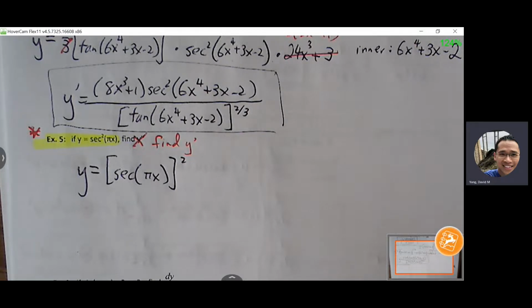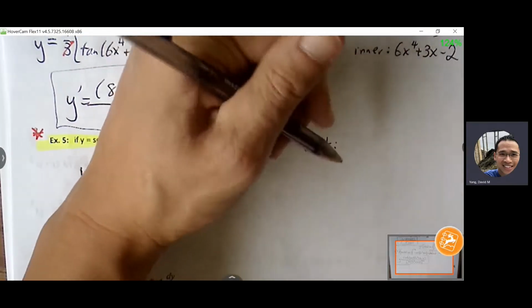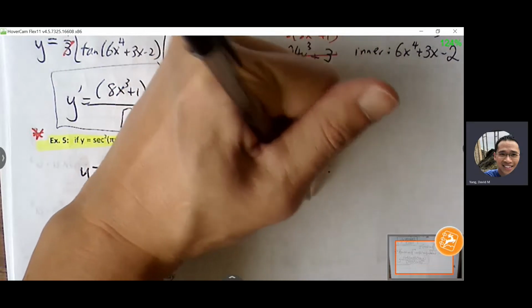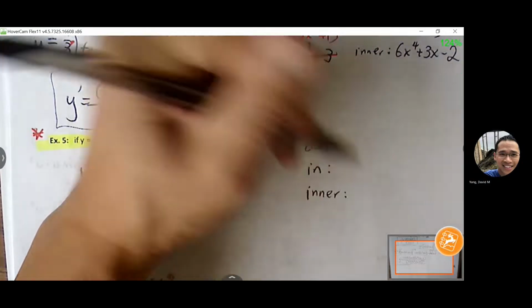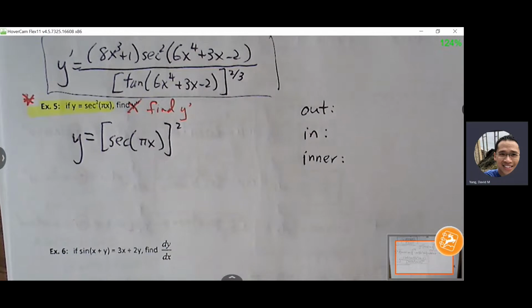You can identify your outside, inside, and inner portions a lot more clearly, and I think that can help us avoid potential mistakes. So see if you can go through this. Identify your outside, inside, and inner, and step through the chain rule for each derivative process.